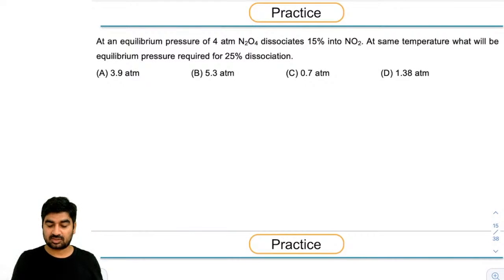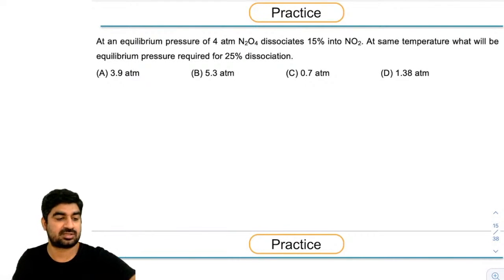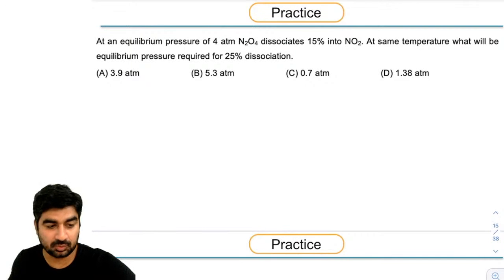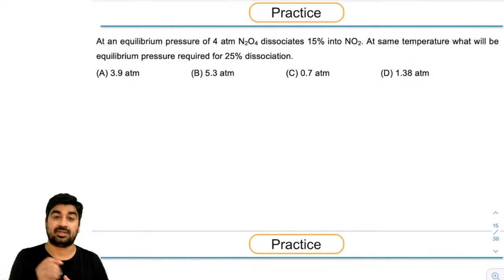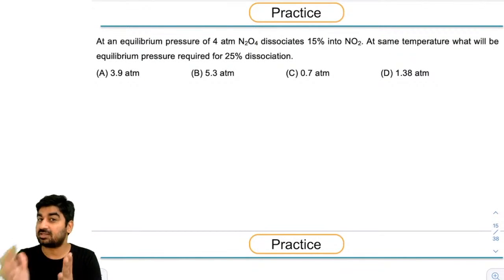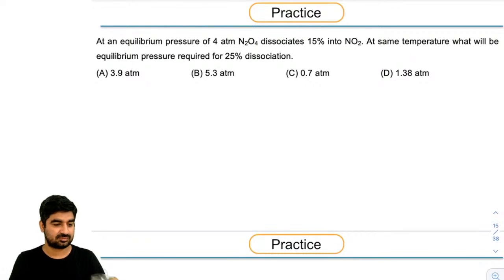At an equilibrium pressure of 480, N2O4 dissociates 15% into NO2 at the same temperature. So when it says at the same temperature, it means Kp is not going to change. What will be the equilibrium pressure required for 25% dissociation?